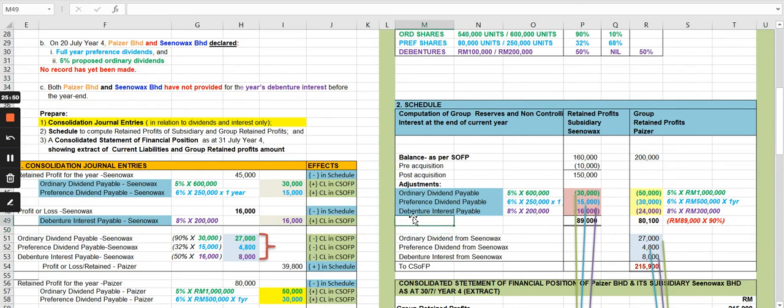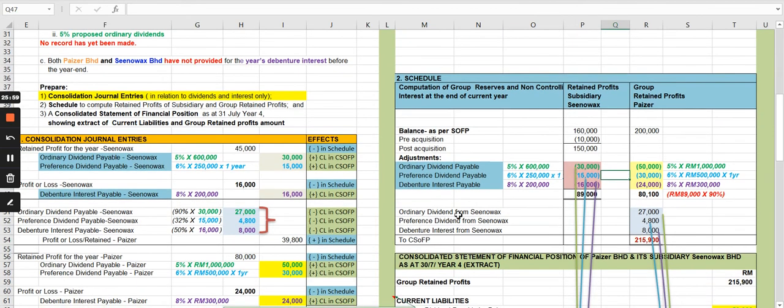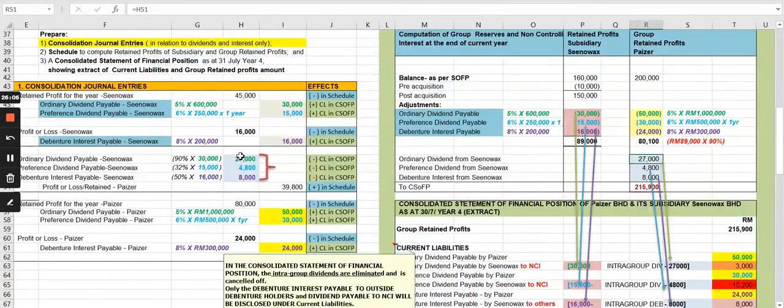So the one that you have here is the adjusted post-acquisition profit of 89,000. And you also notice that some of the dividend declared here belongs to the parent. For the one belonging to the parent, in this section here, only dividend that were received, so it has been credited, so there is an income from subsidiary. So that is how you report ordinary dividend from Sinovac, 27,000.